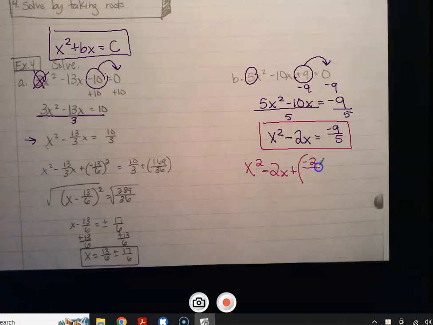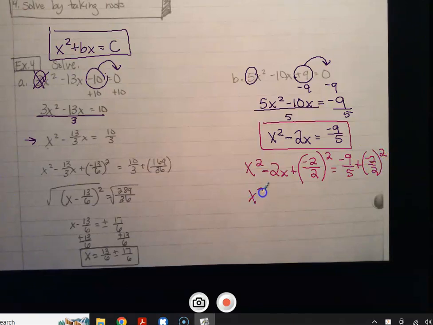So negative 2 divided by 2 squared equals 9/5, plus. Negative 1 squared is 1.